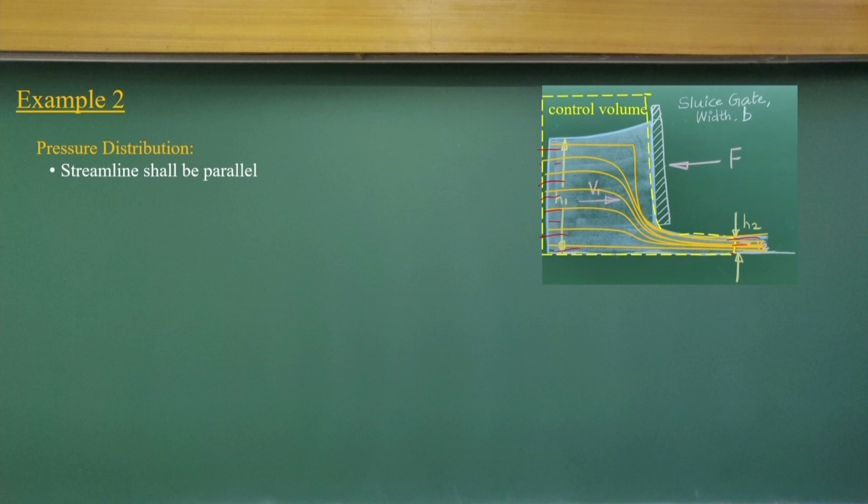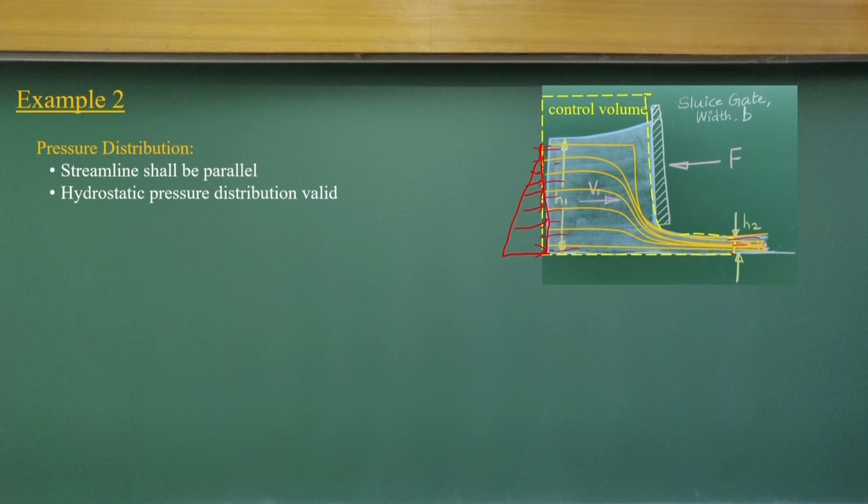If streamlines are parallel, then the pressure distribution over this area can be considered a hydrostatic pressure distribution. That means, as if the flow is at rest, whatever the pressure distribution would be, that is the pressure distribution when the streamlines are parallel.